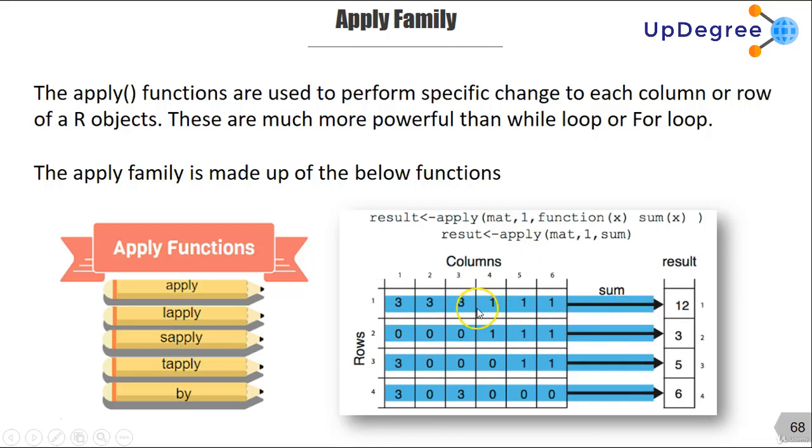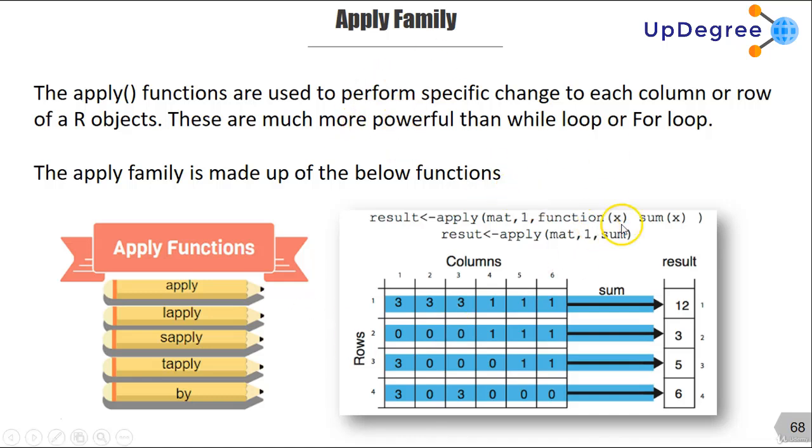This gives me a result of 12, this gives 3, and 5 and 6. Similarly, I can also get the sum column wise. We'll learn about all those syntaxes and arguments, but at a high level, try to understand what it does.